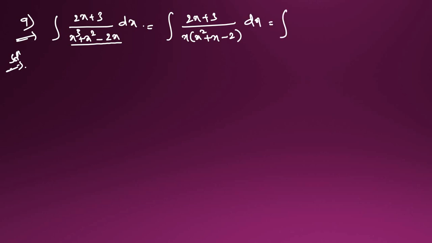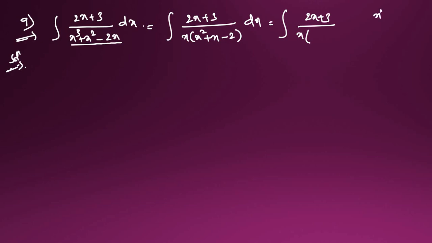So from this we'll do one thing: 2x plus 3 divided by x into (x square plus x minus 2). We will do factorization in the rough work on this side.